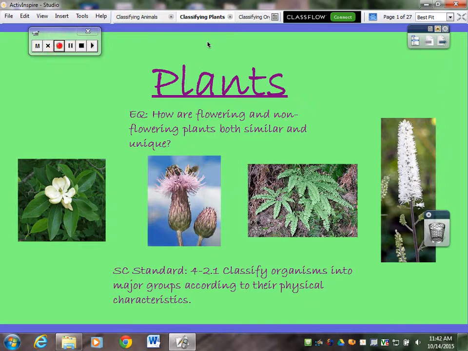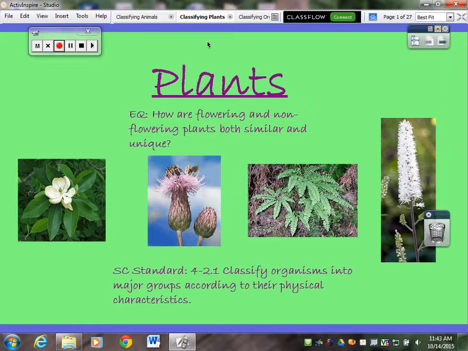They have cones that have the seeds inside of them. Very good. But other than that, non-flowering plants reproduce with spores, which we saw when we flipped the fern over and saw all those little dust particles. That's what we consider spores, and that's how more non-flowering plants are created.